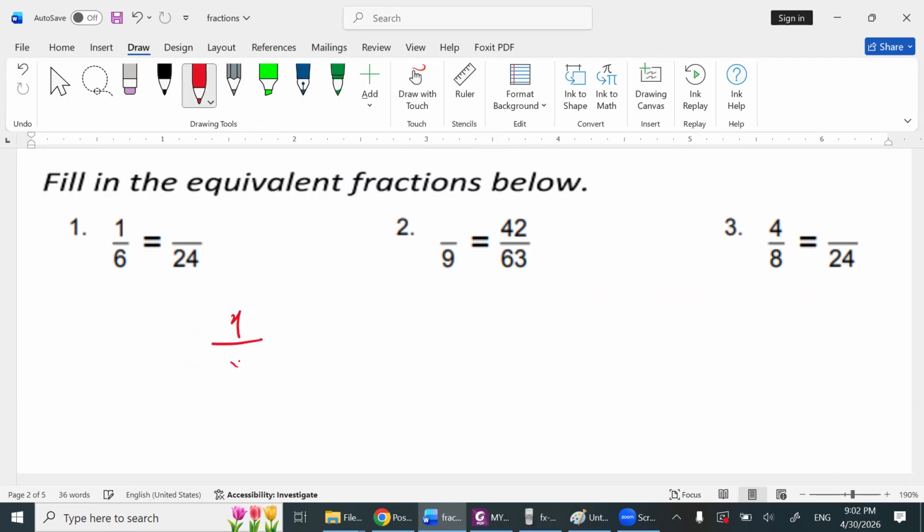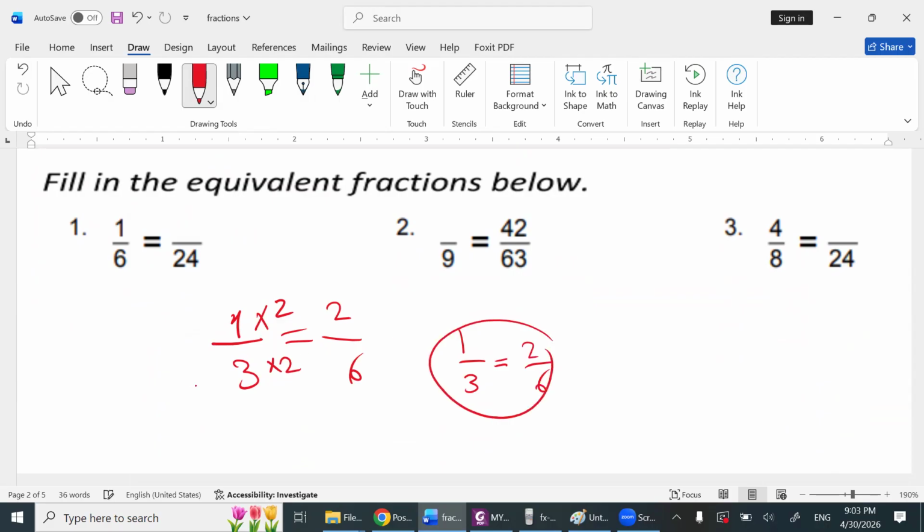For example, for 1 over 3, I can find an equivalent fraction by multiplying up and down by the same whole number. 1 times 2 and 3 times 2 gives you 2 over 6. So we can say that 1 over 3 equals 2 over 6, equivalent fractions.